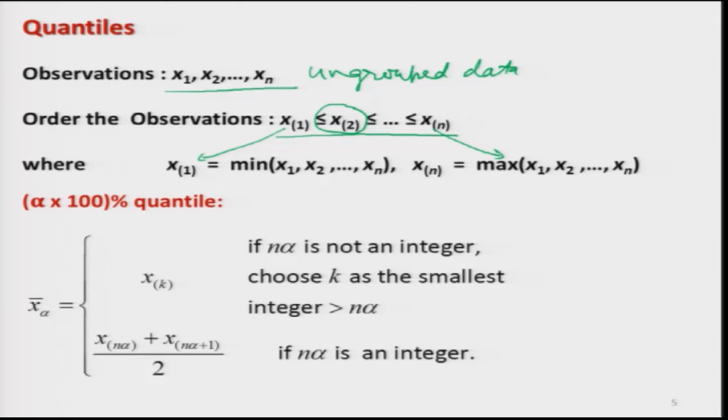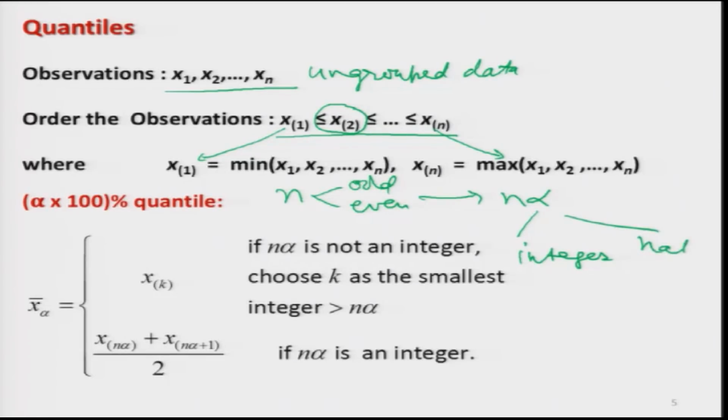And now, if you recall the definition of the median for the two cases when the number of observations were odd or even, that definition is now extended to n alpha. So, now the definition of the alpha quantile is the following. First, decide whether n alpha is an integer or not.